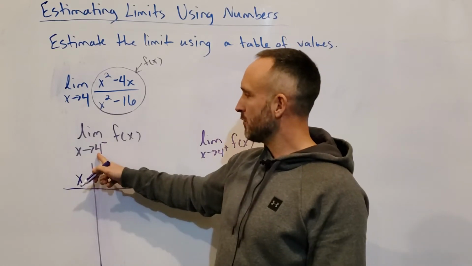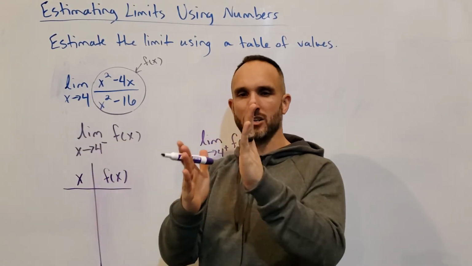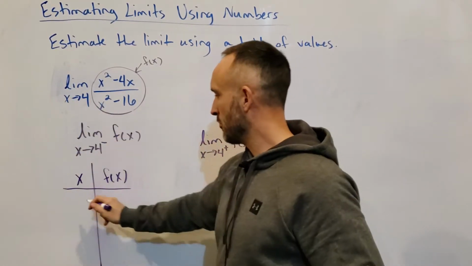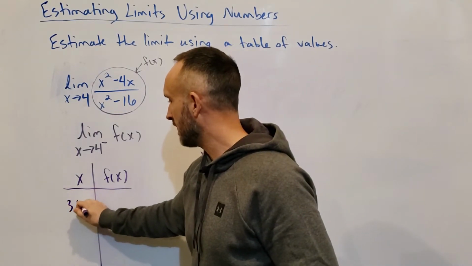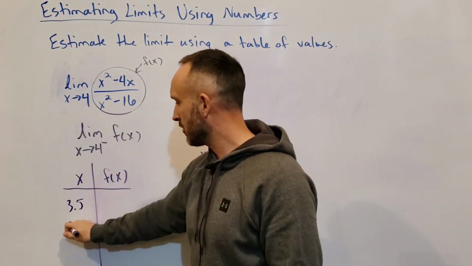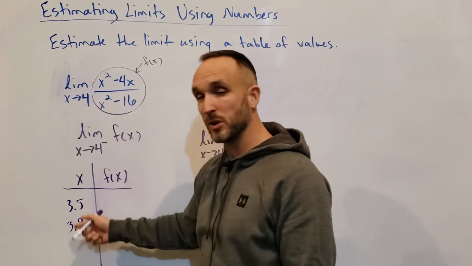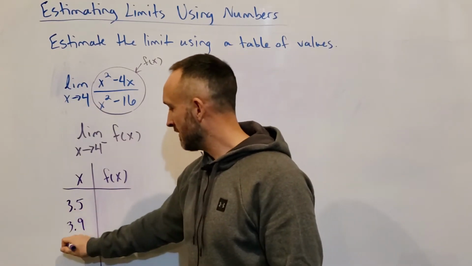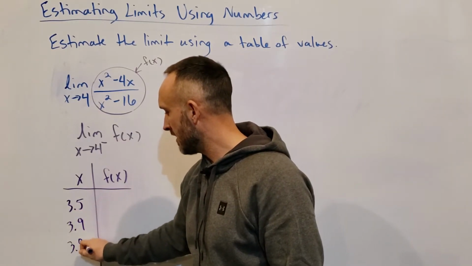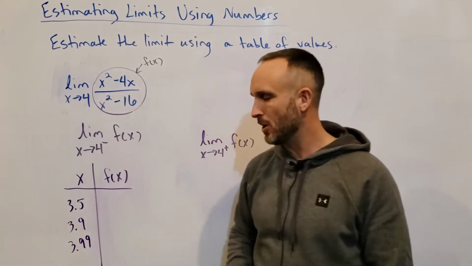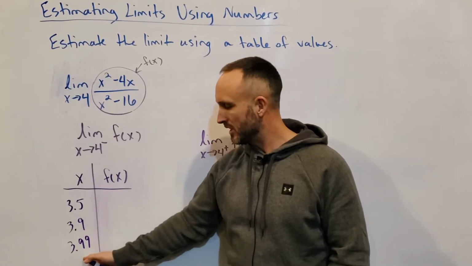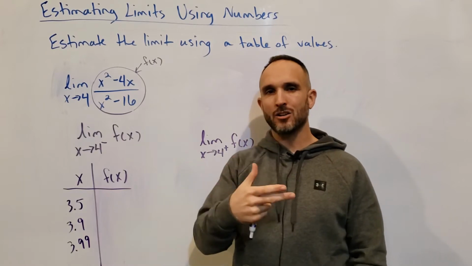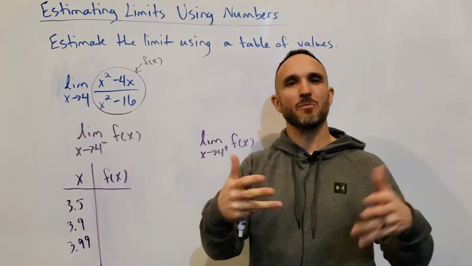So we're approaching 4 from the left, so on a number line, here's 4, we need to be on this side. So we might start at an x value of 3.5, and then maybe go to 3.9, that's pretty close to 4. But even closer is 3.99, and so on and so forth. We could keep going. Now, eventually, if you get really close, your calculator or whatever device you're using could run out of memory or something.